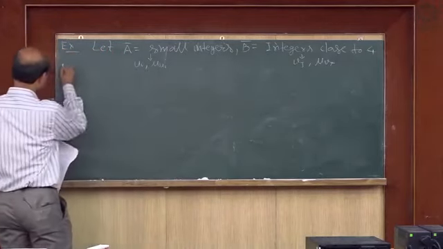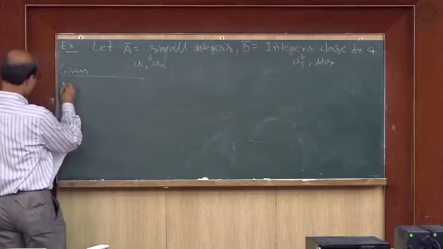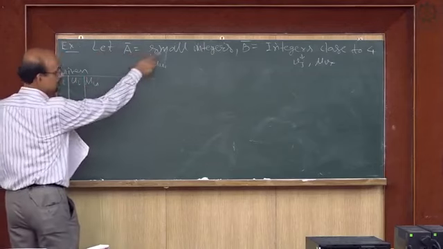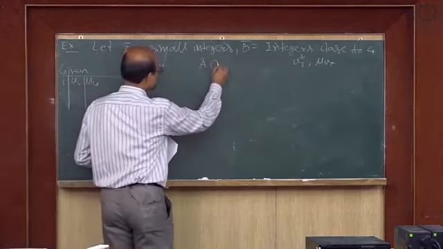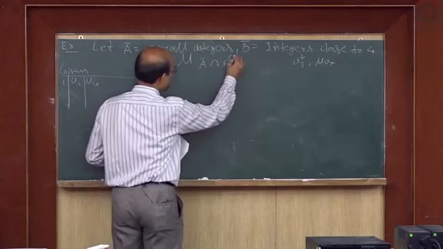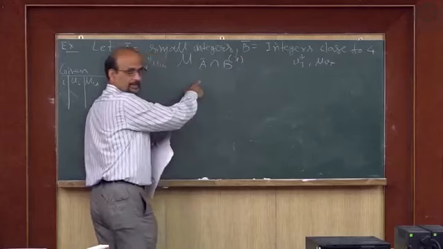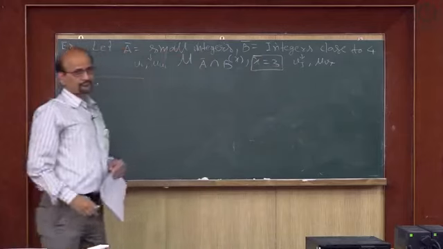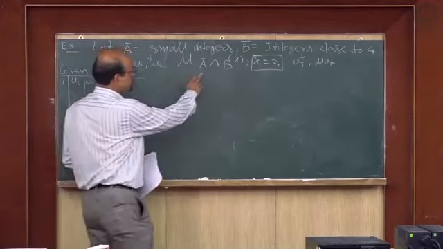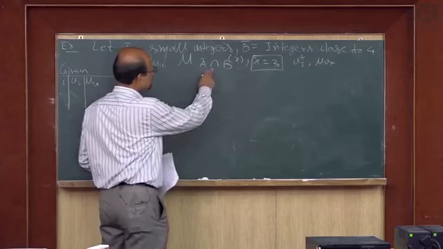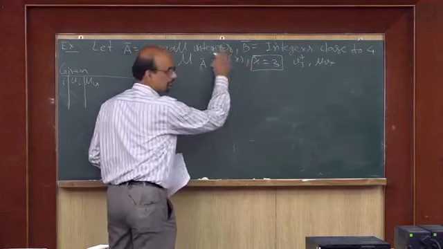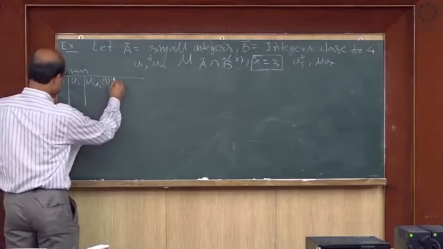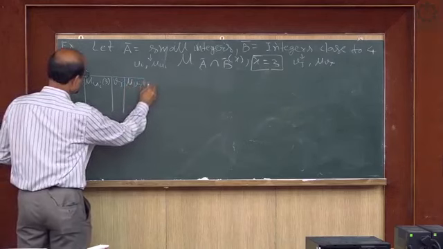Given ui, mu ui, I want to find mu of A bar intersection B bar at a point x, and suppose x is equal to 3. At x equal to 3 I want to find this mu A bar intersection B bar at x. So that is why here it is given mu ui 3, then vj and mu vj 3.